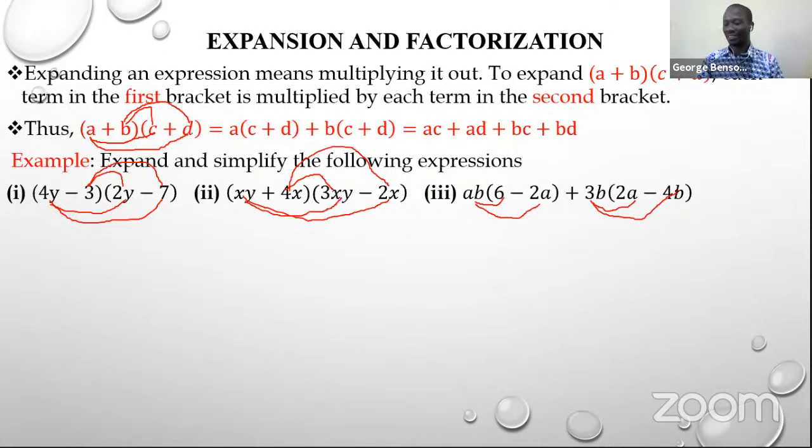Please try your hands on just the first one for us to see. Are we done?